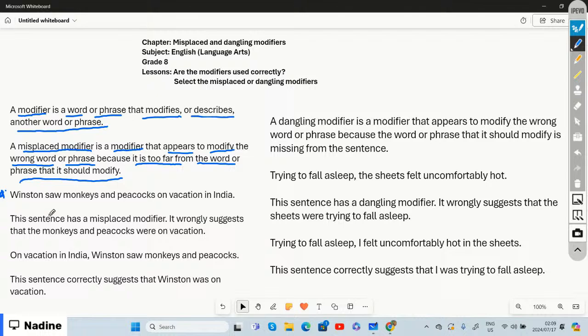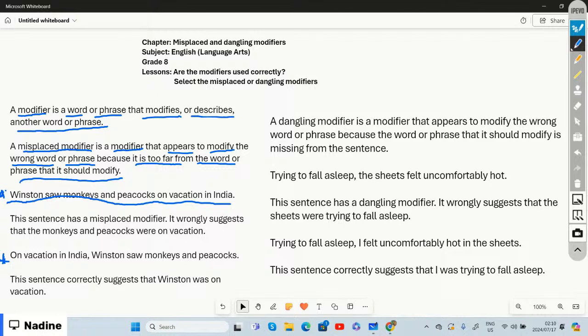Do you see how the sentence has changed after it was corrected? First, we said Winston saw monkeys and peacocks on vacation in India, and that has a misplaced modifier because it wrongly suggests that monkeys and peacocks were on vacation, and it even sounds like it.